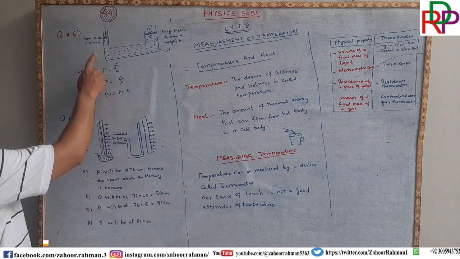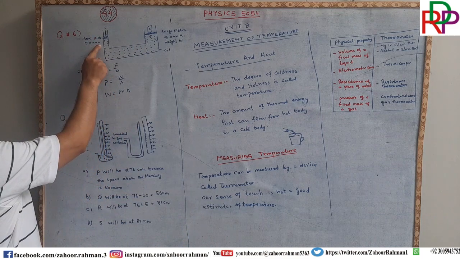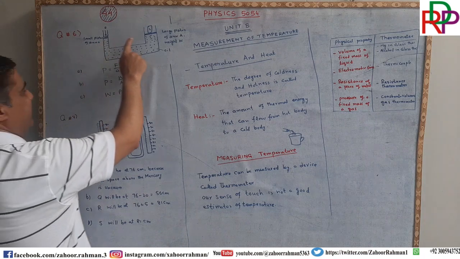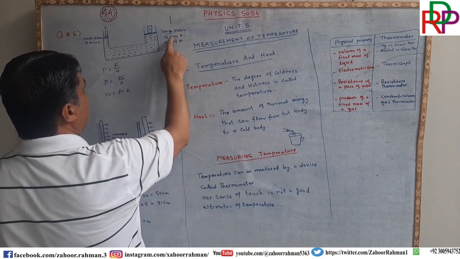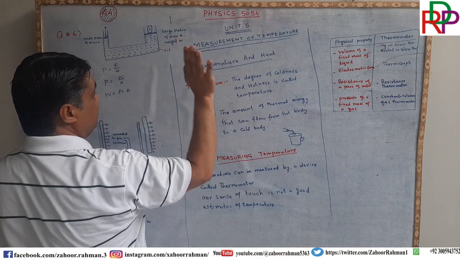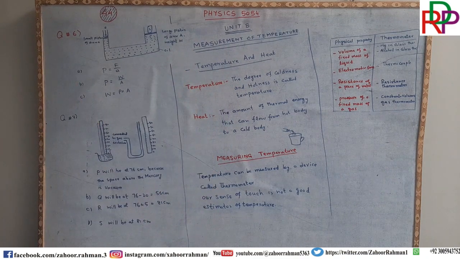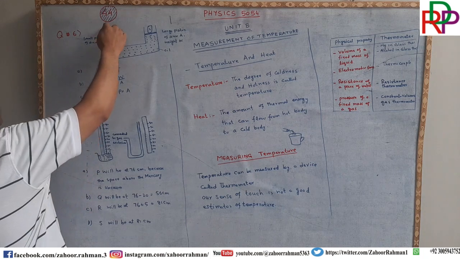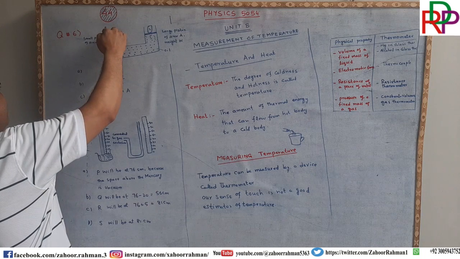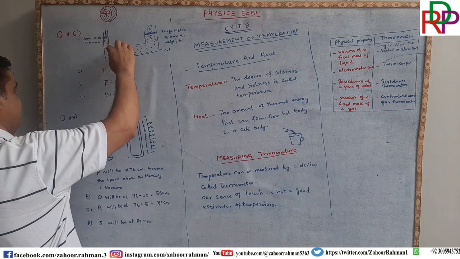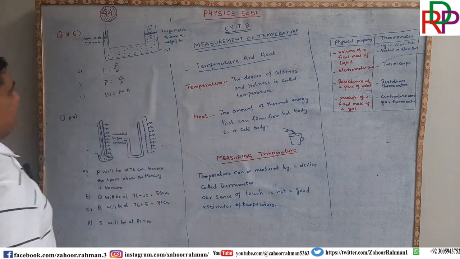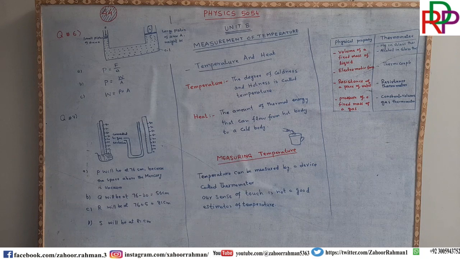Keep in mind that the small piston has area small a, and this is the large piston of area A and weight W. You have to keep these symbols in your mind, that is how we will use these in the equations. So we are applying a force on it. It is pressing down, and this pressure is transmitted to the larger piston. As a result, it will lift a heavy load.